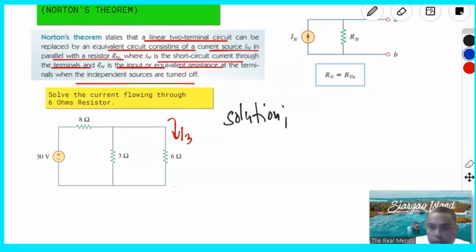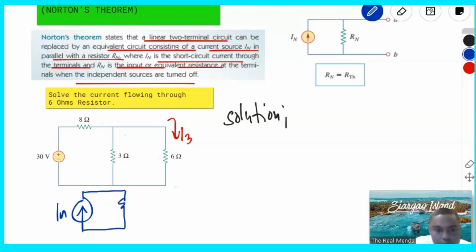Okay, we have IN. That's our IN. And then we have this, we call the RN. And then this one will be our load, or this is the resistance of 6 ohms.